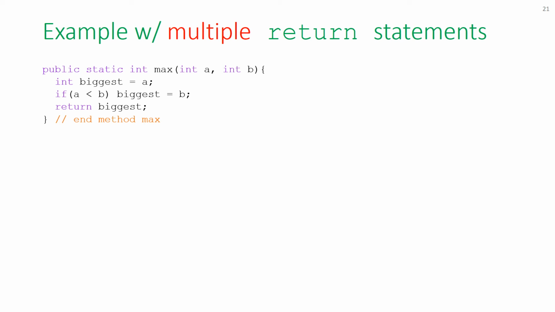So this is a one-way exit method. That means it starts here executing, and then there is only one return statement in the whole method, right before the end of the method. So when you reach the end of the method, you return, okay? If you have returned right before the end of the method, there's still only one way to get out of the method, which is to execute all the code.